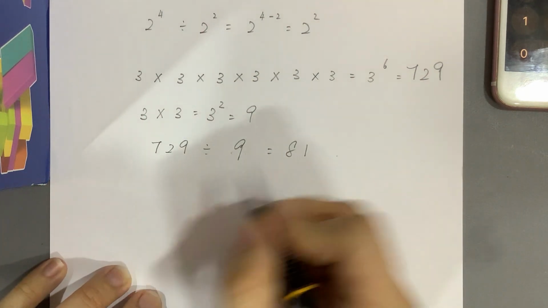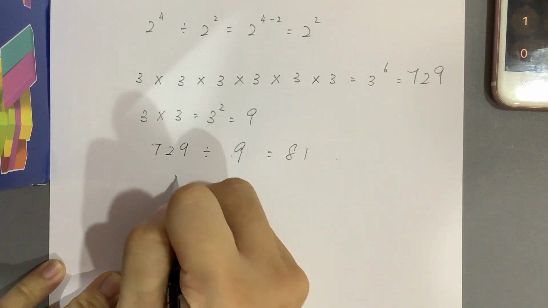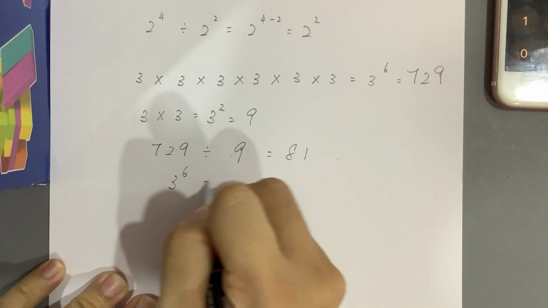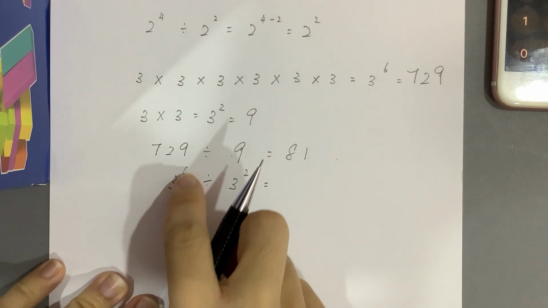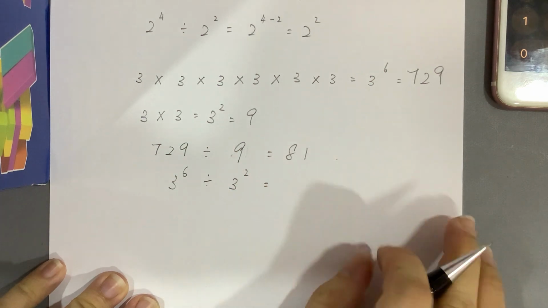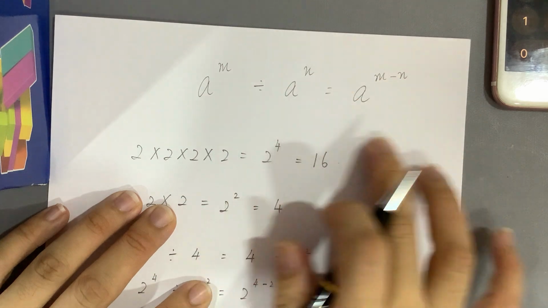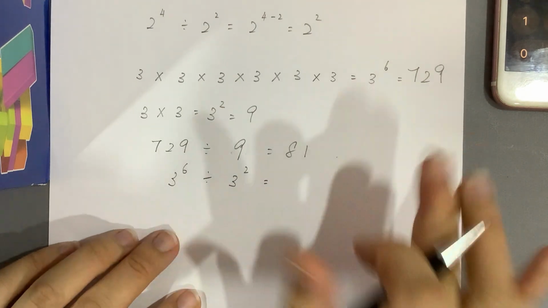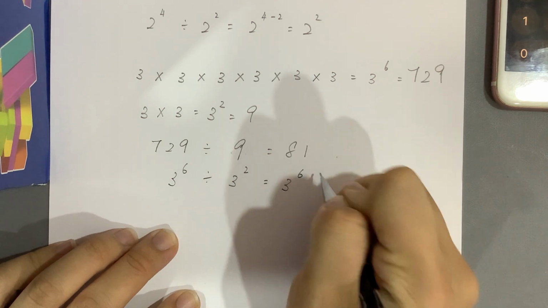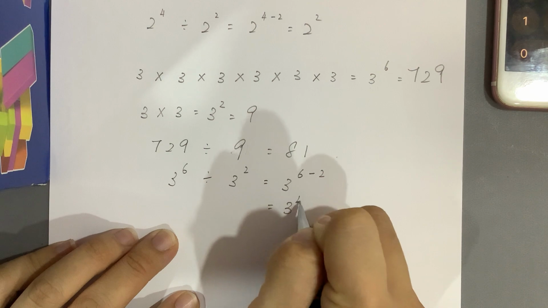Okay, so 729 actually refers to 3 to the power of 6 divided by 3 to the power of 2. So 3 to the power of 6 divided by 3 to the power of 2, based on the indices law, is m minus n. Okay, so meaning 3 to the power of 6 minus 2, which is 3 to the power of 4.